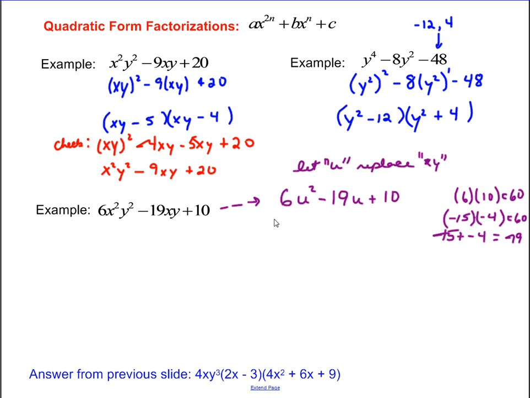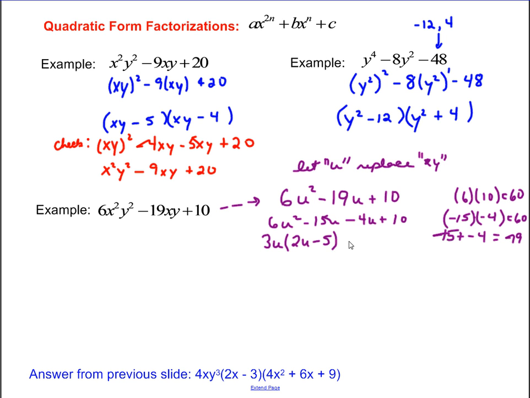So we can split this up and think of this as 6u squared minus 15u, splitting up the middle term, minus 4u plus 10 in our last term. We factor by grouping. In the first pair of terms, we can factor out 3u, leaving us with 2u minus 5.